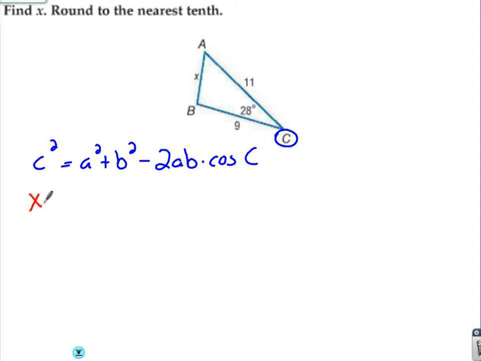I'm plugging it in. Equals, Hunter, what's A? 9 squared. What is Carly, B, little b? 11 squared. Minus 2 times 9 times 11 times the cosine of, Trace, what's C, big C?